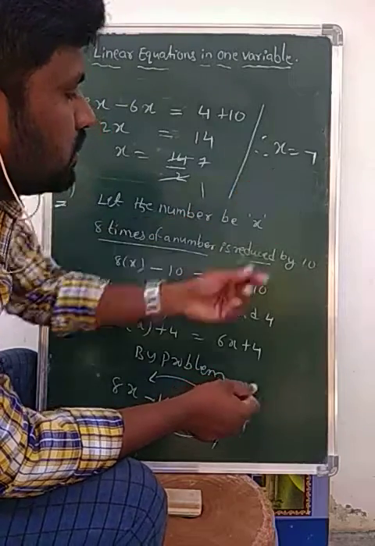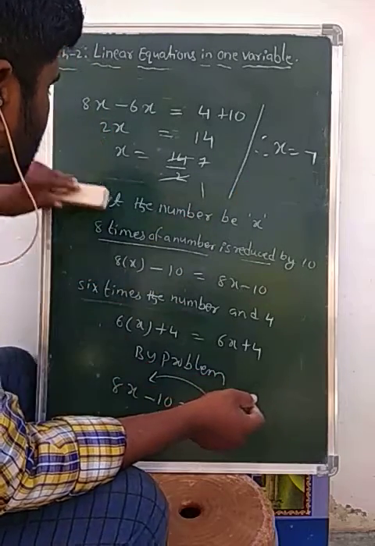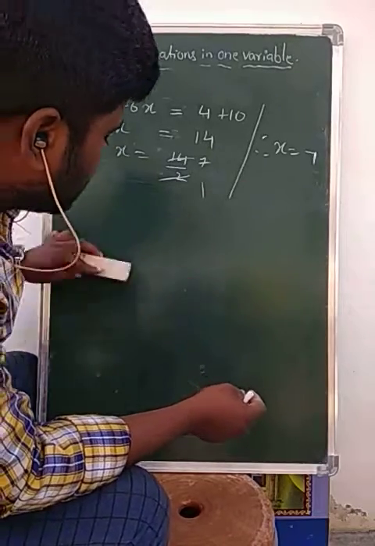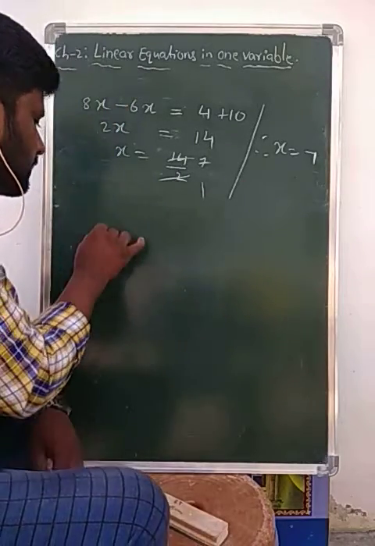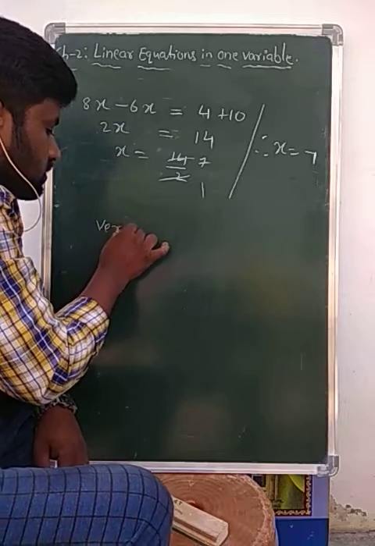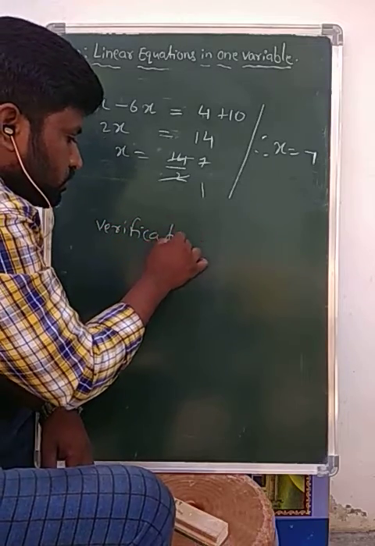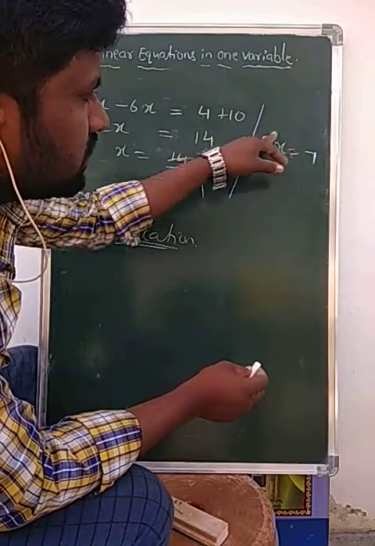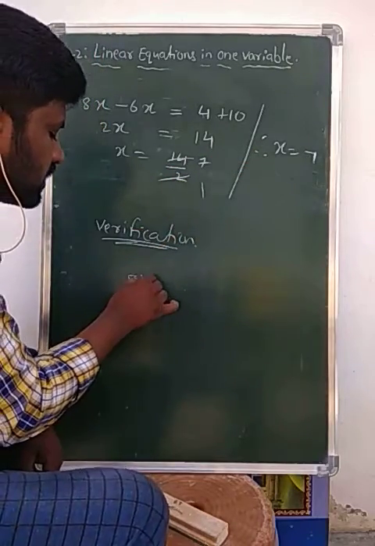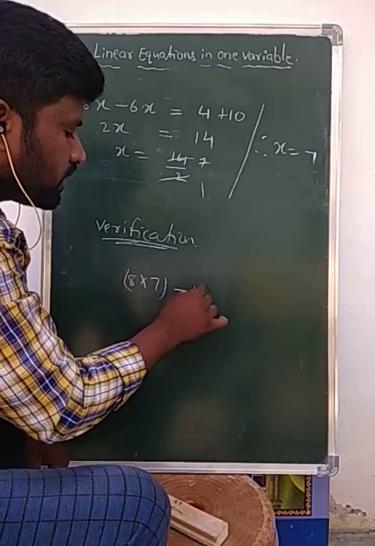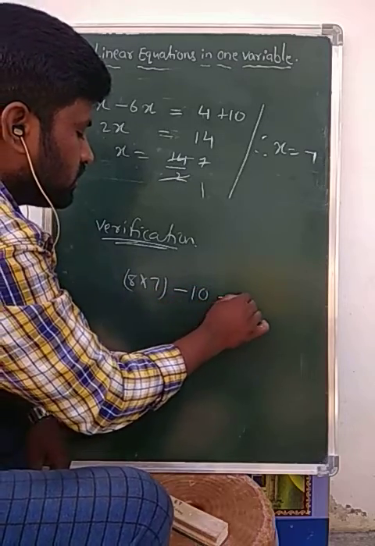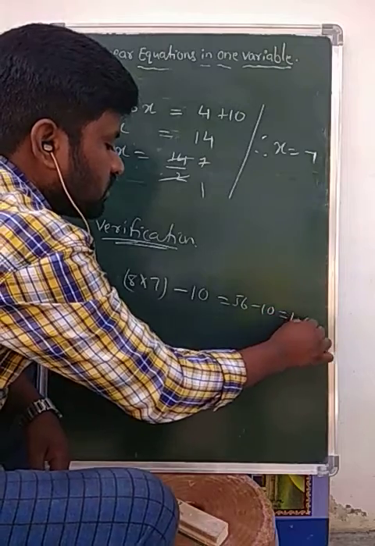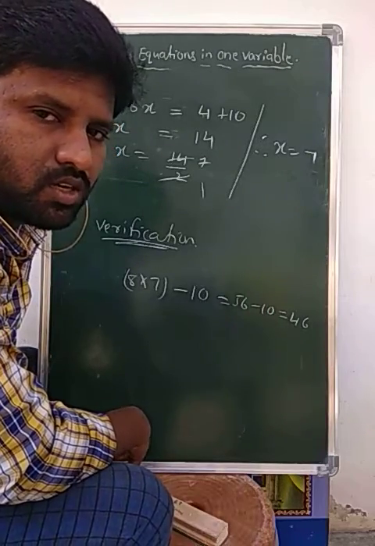So let us go for the verification. The number is 7. 8 times the number means 8 into 7, reduced by 10 means minus 10. 8 sevens are 56, minus 10 equals 46.